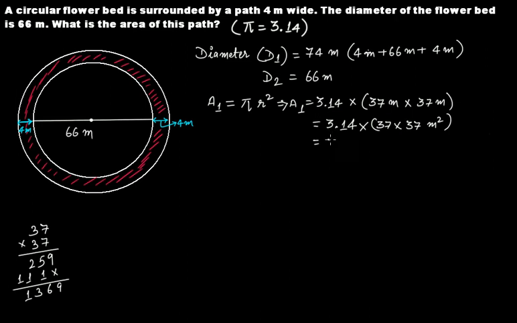So you get 3.14 times 1369 meter square.